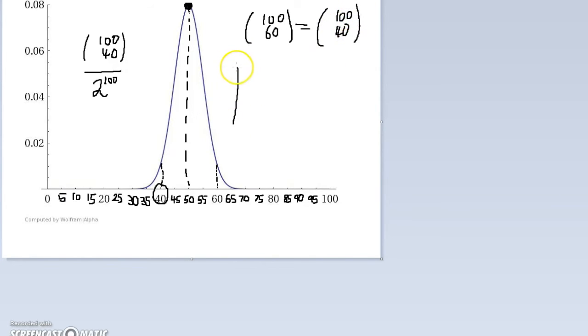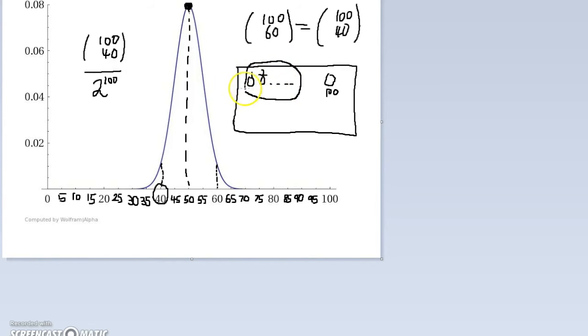Why is that? Well, if we have a table with 100 objects or coins, 1, 2, all the way to 100, and we want to pick 60 items from this, so we pick 60 items. These are our 60 items, and here we have 40 items. Well, every time we pick 60 items from the pile of 100, we also pick 40 items from the pile of 100, inadvertently, because we're not picking these 40 items.